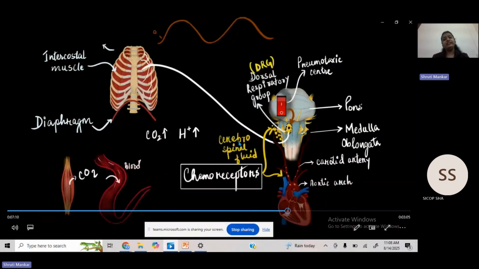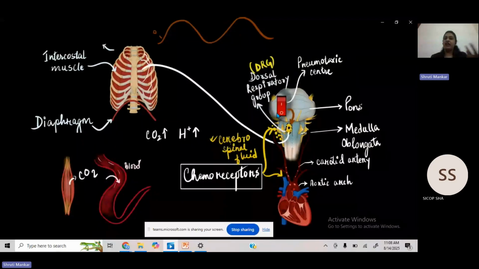Right? So when these peripheral chemoreceptors sense this imbalance in the carbon dioxide and the H plus ions, they send impulses through the vagus nerve to your pneumotaxic center to inhibit the dorsal respiratory group faster. So the switching off of the dorsal respiratory group is faster now.